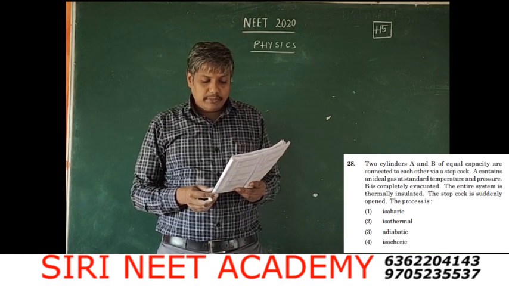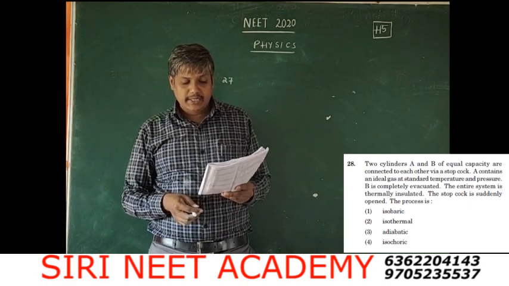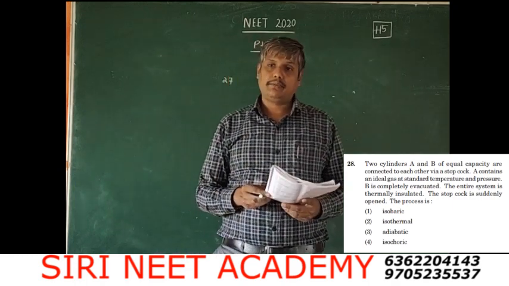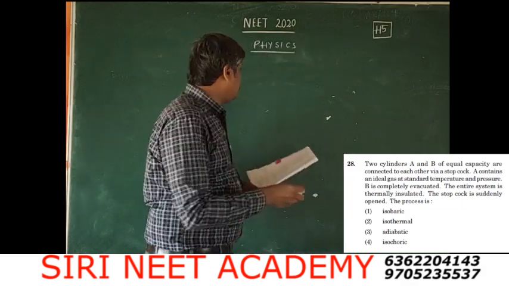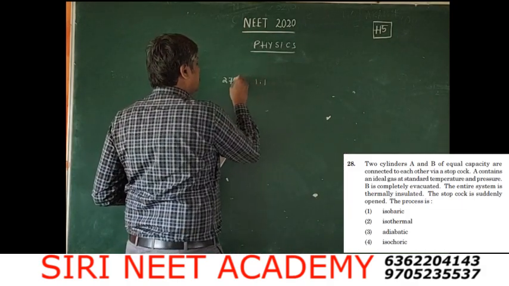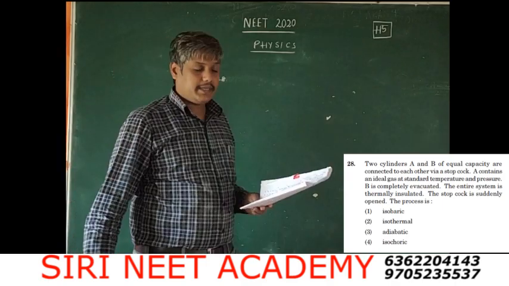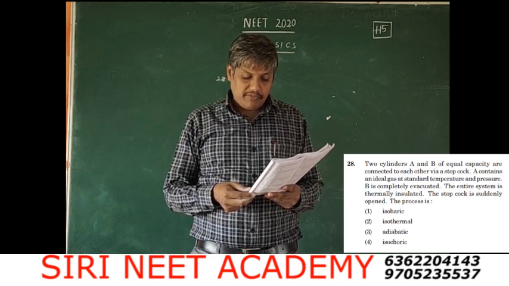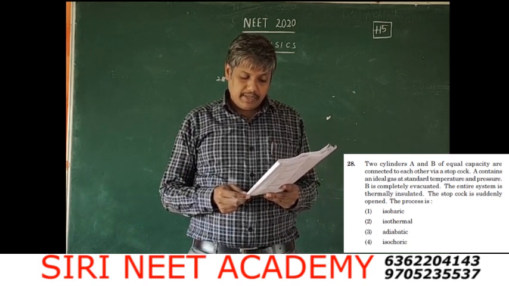The ratio of contributions made by the electric and magnetic field components to the intensities of an electromagnetic wave. The contributions are equally made, so the option will be third one, that is 1 is to 1. 28. Two cylinders A and B of equal capacity connected to each other via a stopcock.